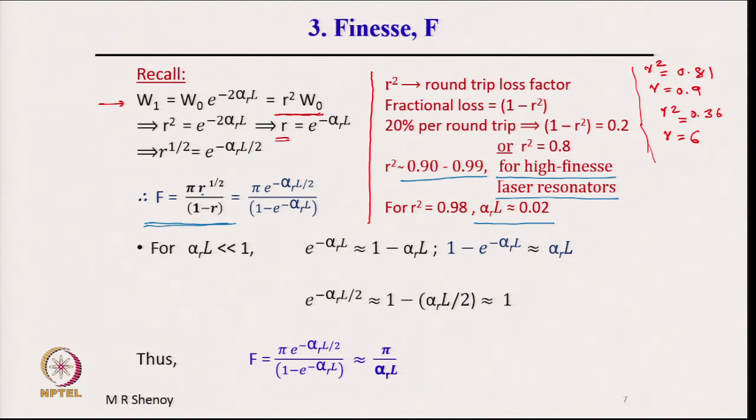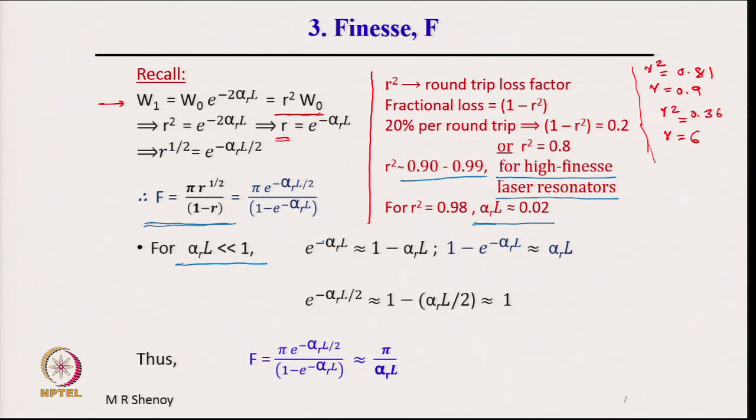Substitute r to the power half here and r in the denominator. That is what we have done here. Now, the point is alpha r into L is much smaller than 1. These numbers I have considered only to say that the exponent alpha r into L is much smaller than 1.